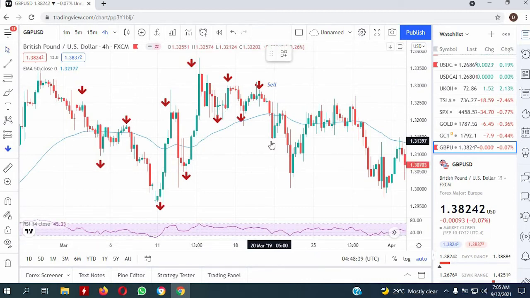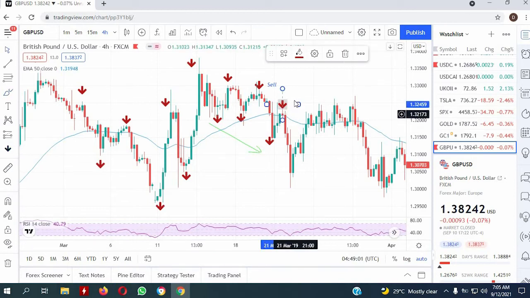Market comes down, creating a next lower low, which is lower than the previous low. Arrows are pointing down, right? Once the arrows are pointing down, that is telling us something, right? That the market is heading downward, right? Next lower high again, right? So we enter.